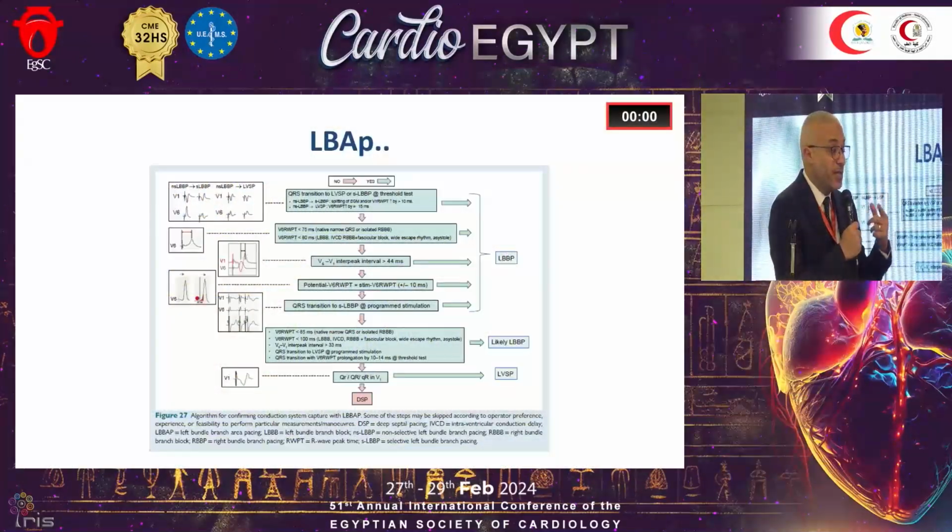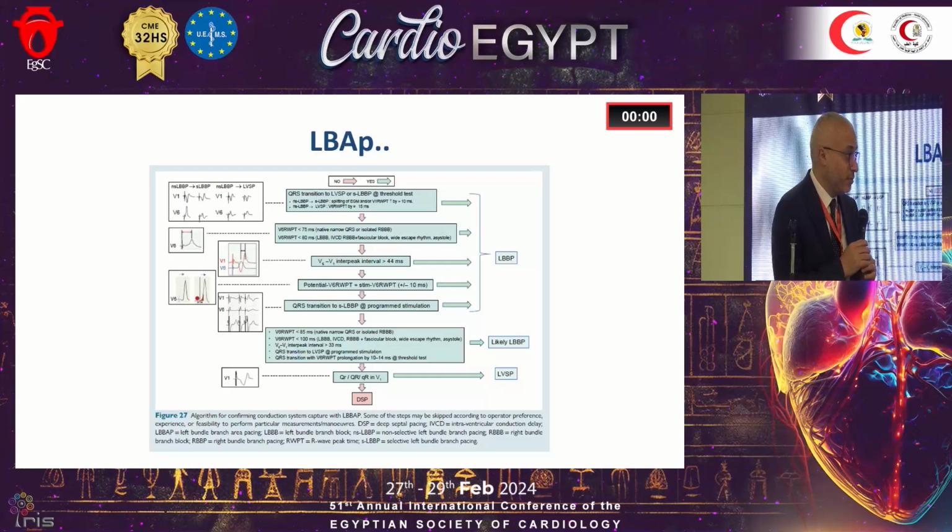We have this algorithm to differentiate between different areas of the left bundle, whether it's selective, non-selective, or even left septal pacing. It depends on how deep you are in the septum. If you catch the posterior fascicle, from the ECG you find a superior axis, and for the anterior fascicle an inferior axis.